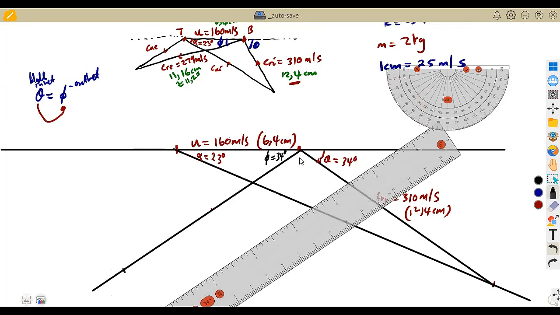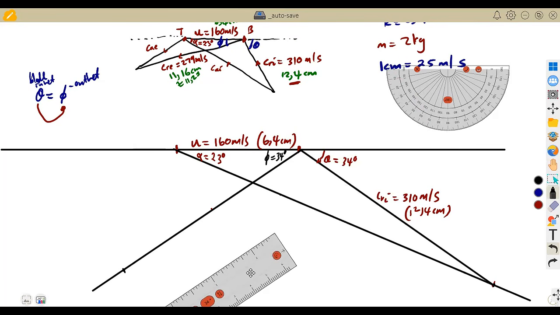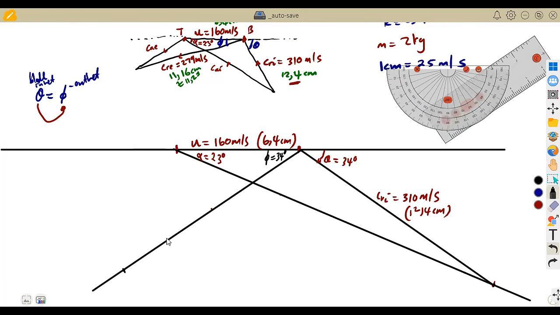All right, so this line from this point up to this point is 11,2 centimeters. That's what we can construct. So that's our exit in this case, which is 279 meters per second. That was 11,2 centimeters. All right. So the rest here we can just join.